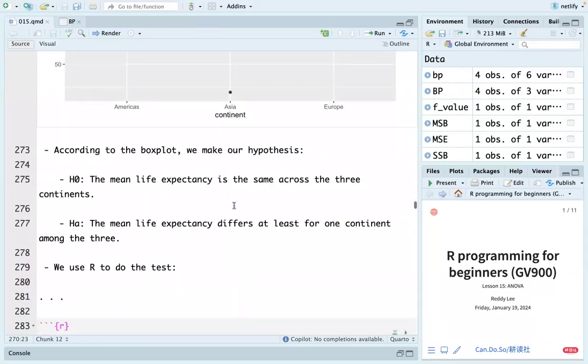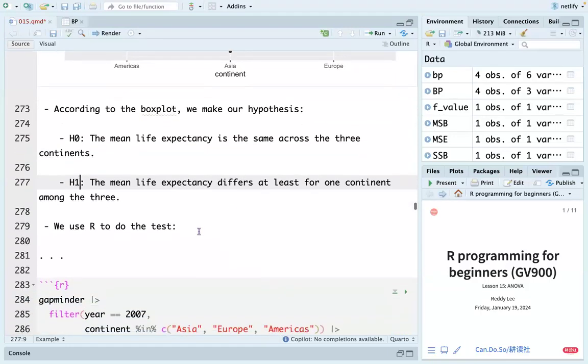So we can use the test. We make our hypothesis: the null hypothesis is the mean life expectancy is the same across the three continents, or more accurately, not significantly different. And the alternative hypothesis is the mean life expectancy differs significantly for at least one continent among the three.